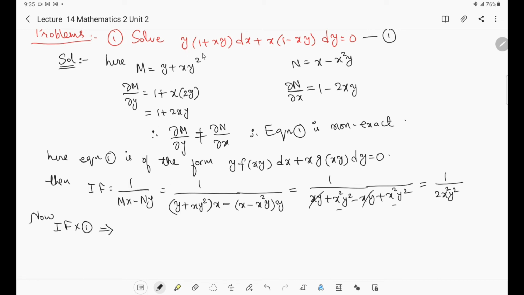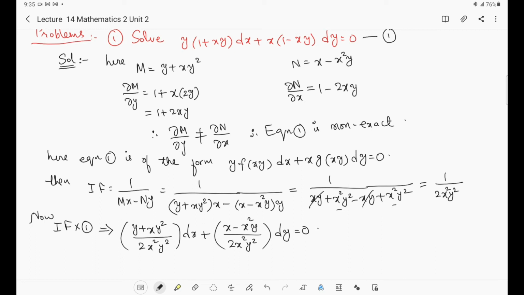Here you multiply y plus xy square, so y plus xy square by 2x square y square, because we are multiplying with 1 by 2x square y square, into dx plus x minus x square y by 2x square y square into dy equal to 0, right? This is what we will get when we multiply equation 1 with the integrating factor.